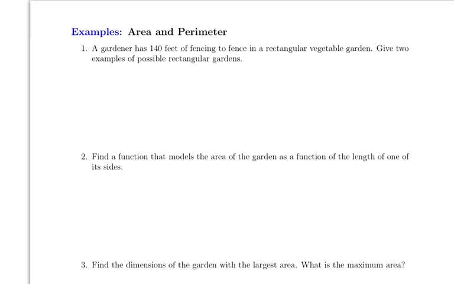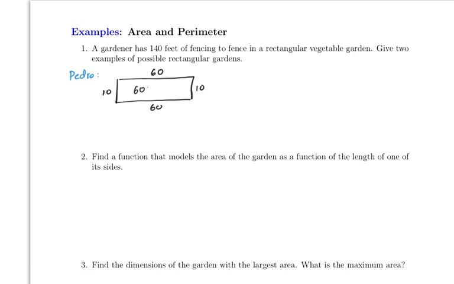For example, let's say you have Pedro here, and Pedro decides to do this. He says, I'm going to put 10 in here, so therefore this will be 10. And since you have 140 total, this will be 60, and this will be 60. So what is the total area for this?